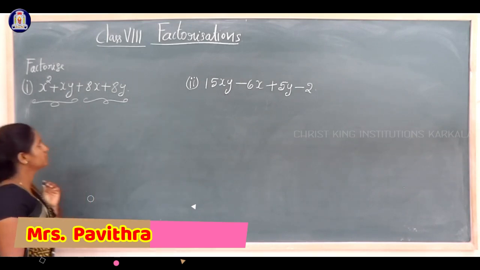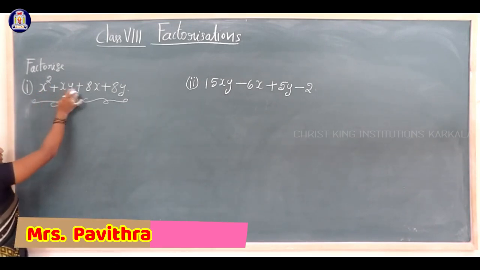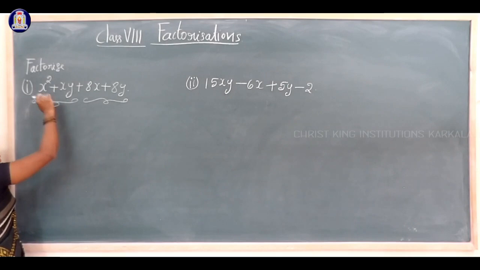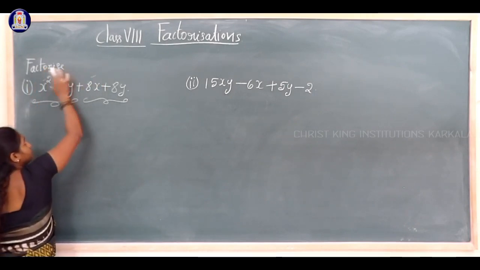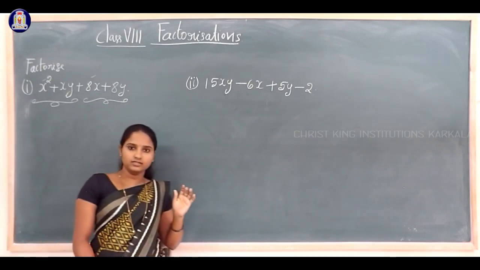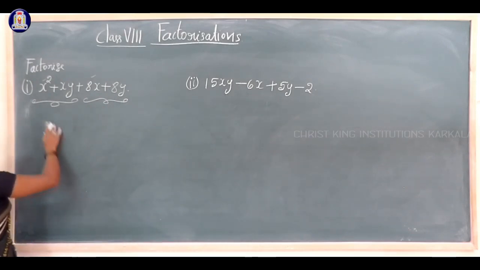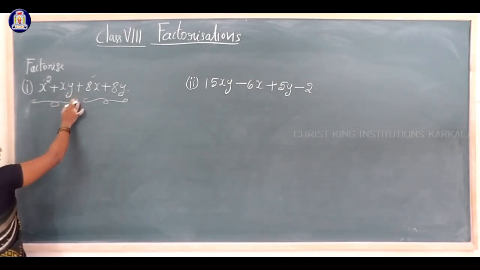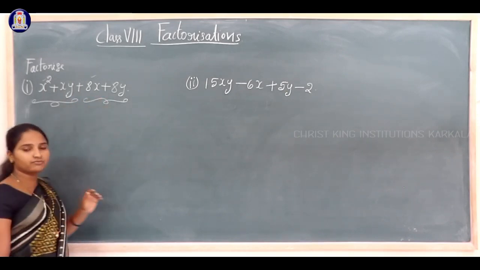First you have the groupings like the first two terms and the second two terms, or else you can take x square and the third, the second and the fourth term. Clear? So now if you make groups like this, x square plus x y is one group and 8x plus 8y is another group.